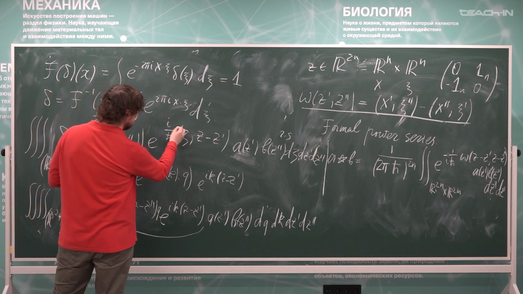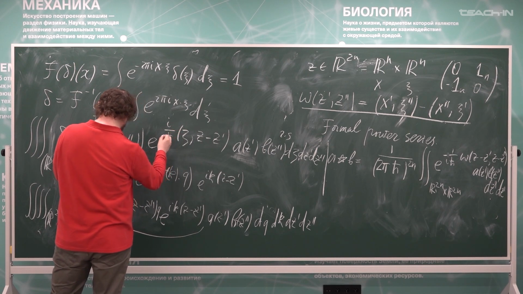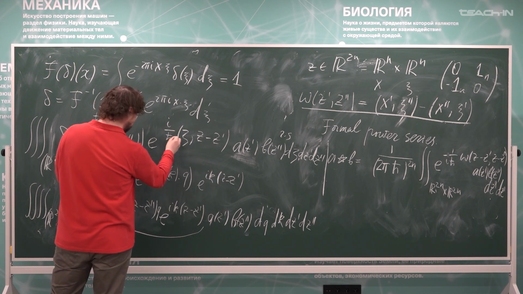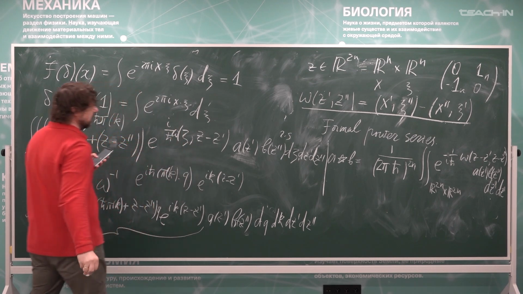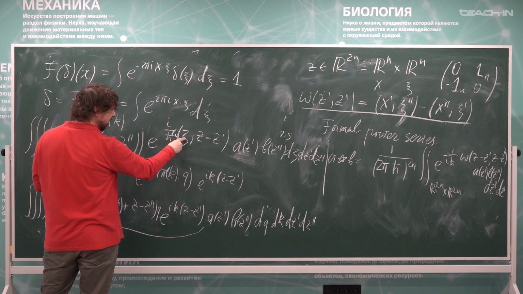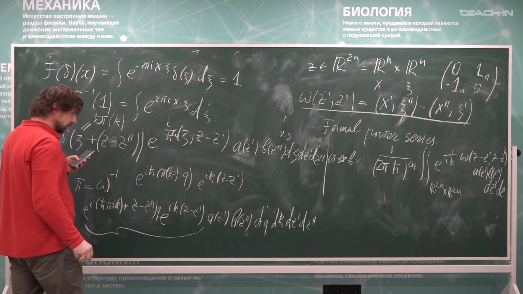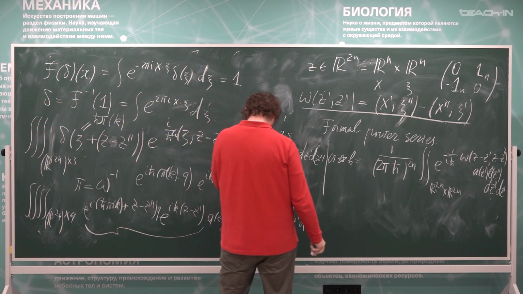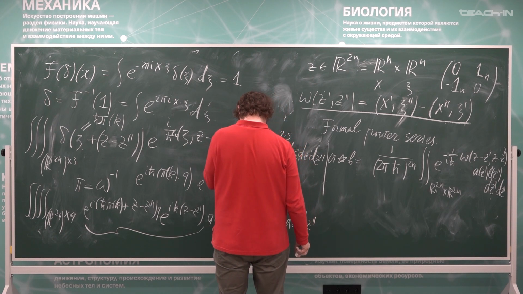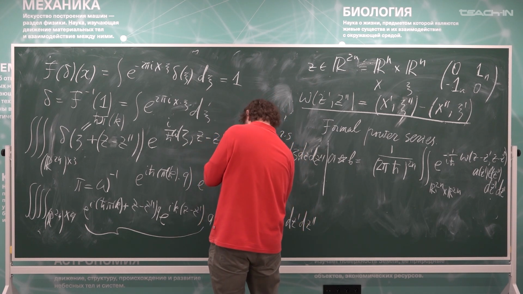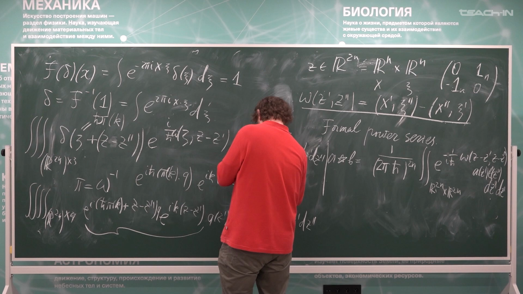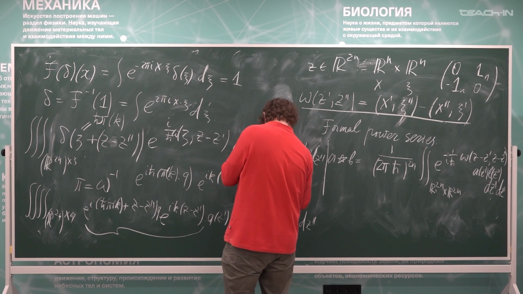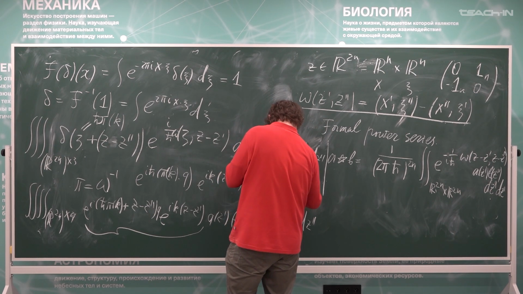Sorry, I had it here. I forgot to write it here. So you see, when we substitute pi here, omega cancels out. And the same, e to the power I q z minus z double prime.